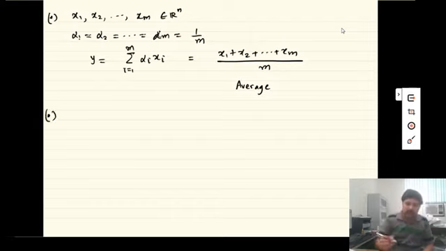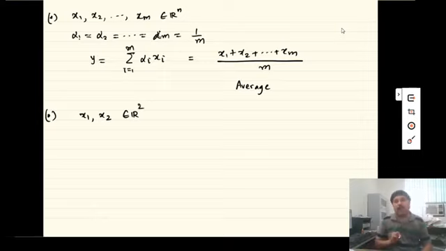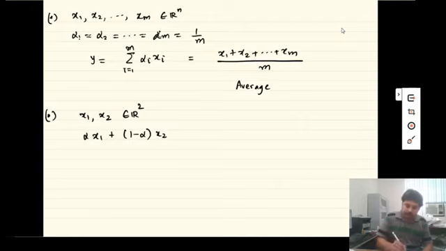One of the interesting linear combinations that I look at is when I take x1 and x2 to be only two vectors in Rn, in particular in R2, and I look at alpha times x1 plus 1 minus alpha times x2. So what does this linear combination really mean?